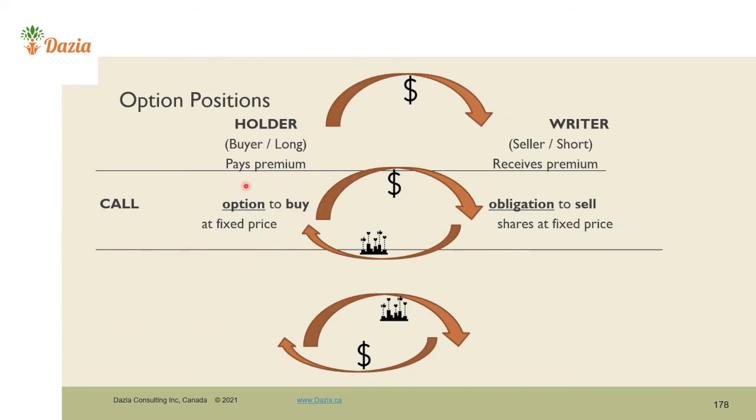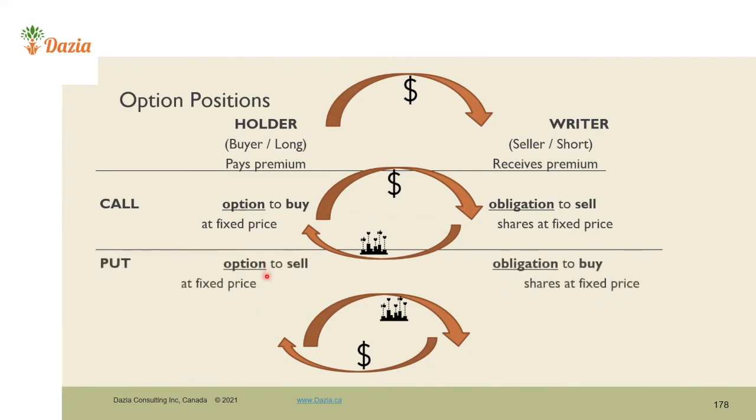So let's suppose he is planning to buy the shares at $25 in the future. Even though the price may go up, he can still buy it at $25. So he can pay based on $25, and the writer has the obligation to give him the shares at that price. So the call option has the opportunity to fix the price for buying in the future.